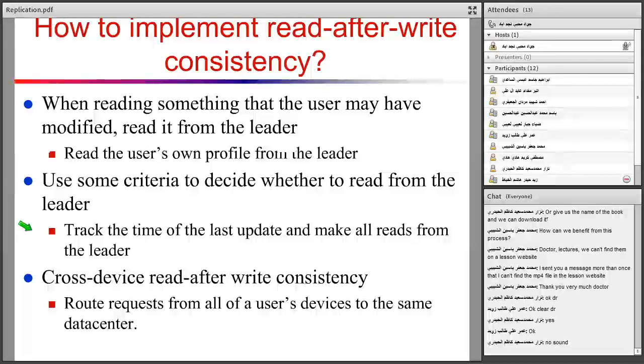Another technique is cross-device read after write consistency. In this technique, for each user, a specific data center is specified.